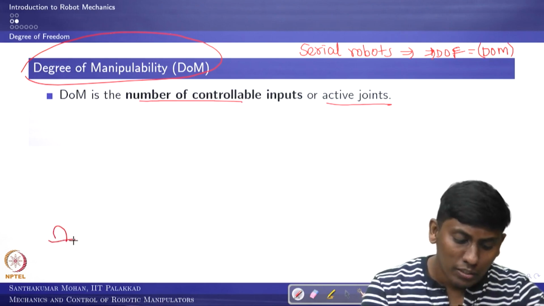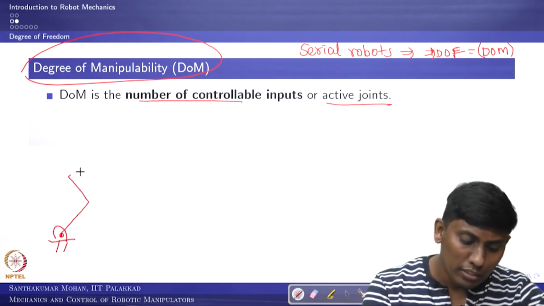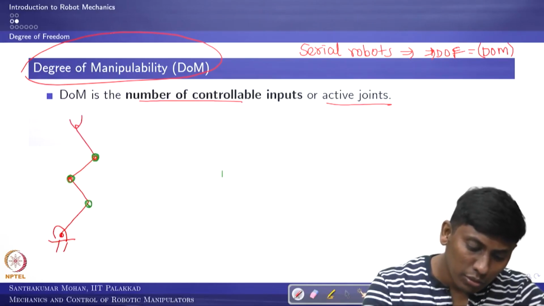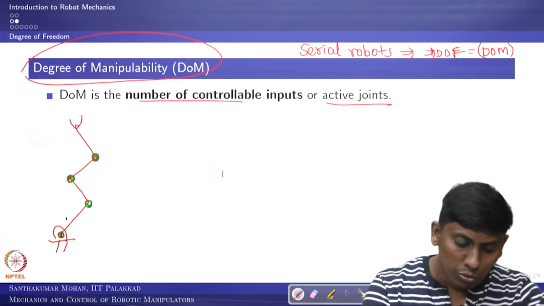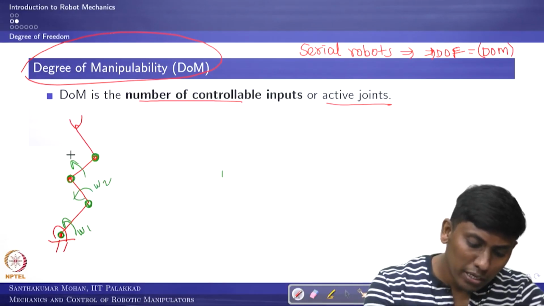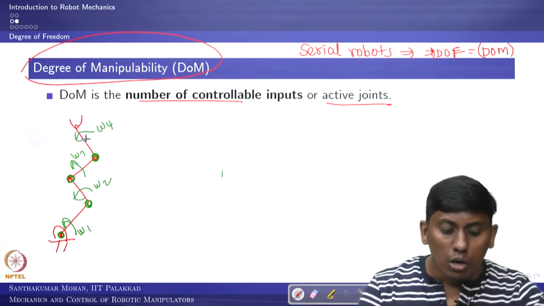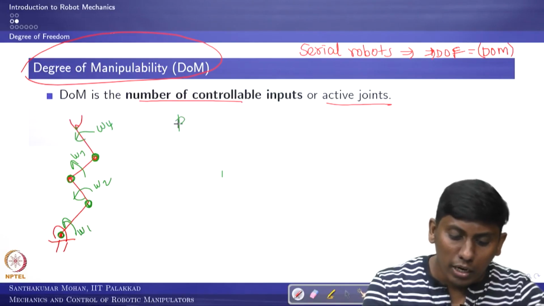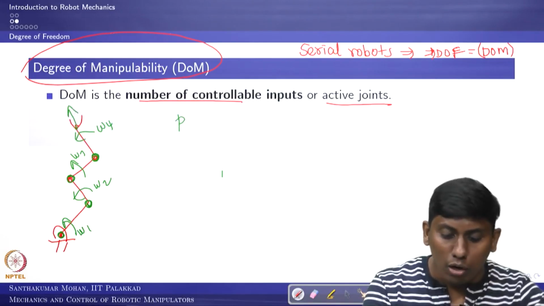For example, just to understand, I am giving a planar manipulator. It has 4 motors, and each motor can rotate, so omega 1, omega 2, omega 3 and omega 4. Now how many variables are needed to describe the system? Since it is in a plane, it requires the orientation too.